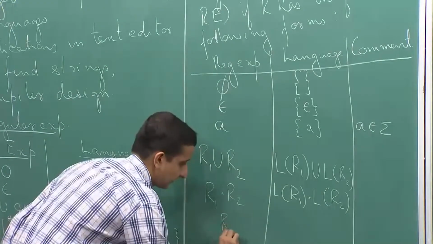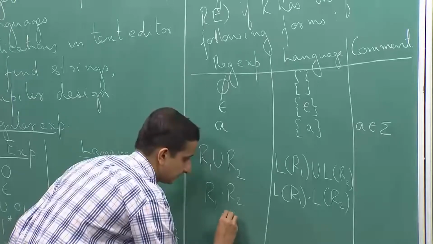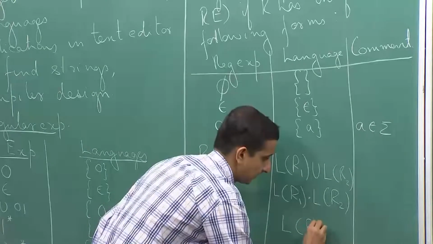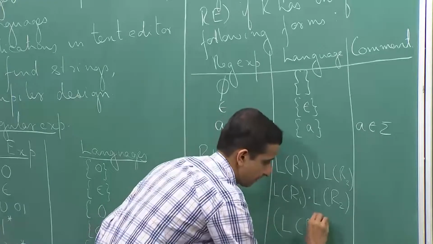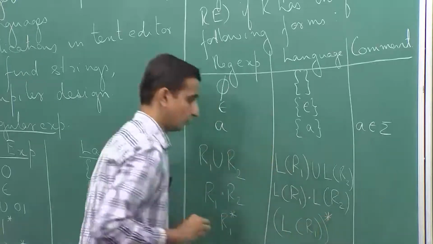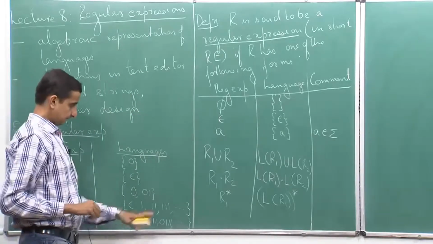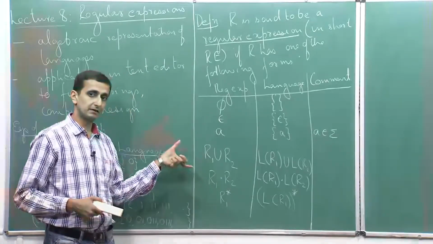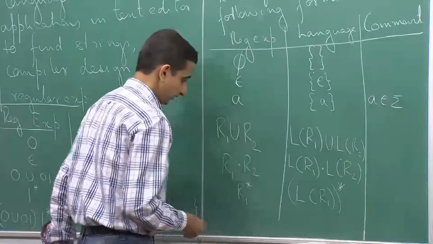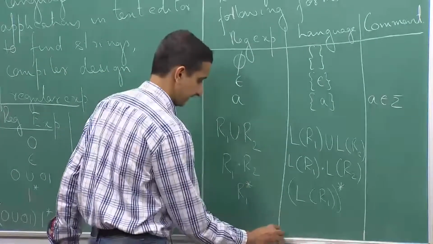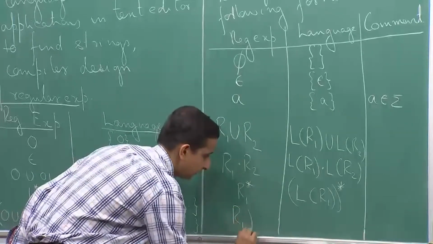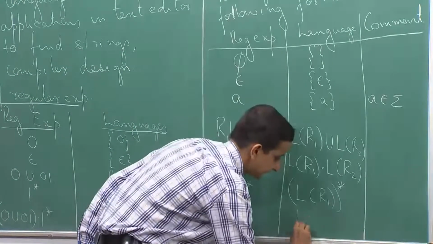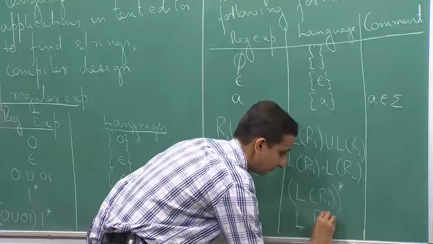We have R1 star, which is basically L of R1 whole star. So these are the main 3 inductive cases. And the last one is just to introduce brackets. So we have R1 with round brackets around it, which is nothing but the same as the language L of R1.